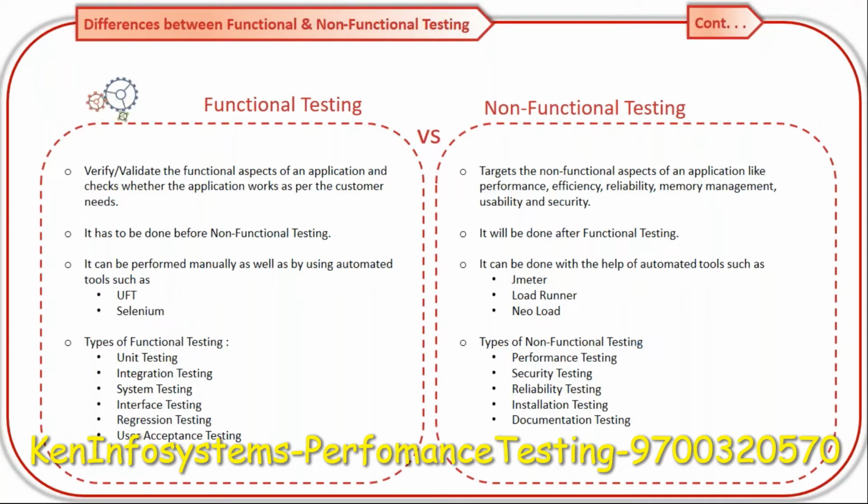In the same way, when it comes to non-functional testing, it's difficult to do it manually. Sometimes it is not at all possible to test without automation tools. A few tools we use for non-functional testing are JMeter, LoadRunner, NeoLoad.